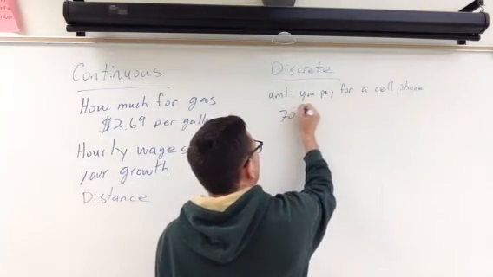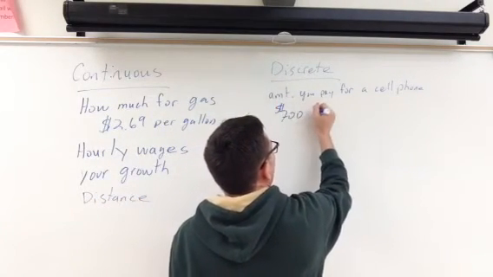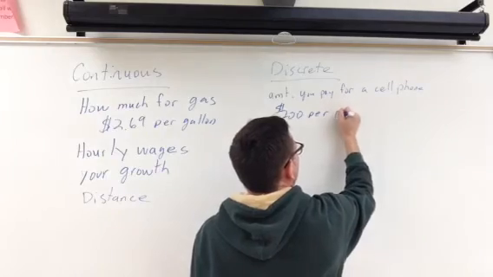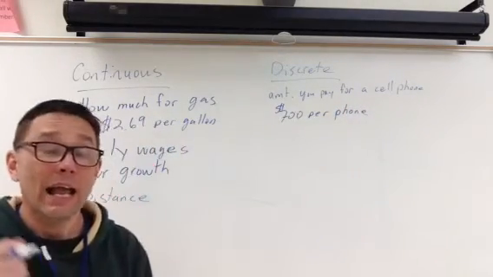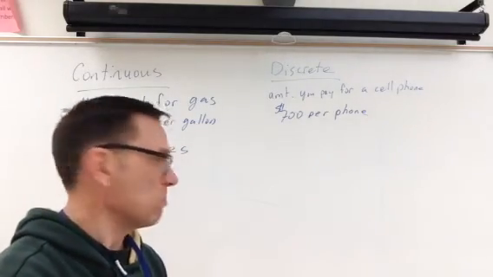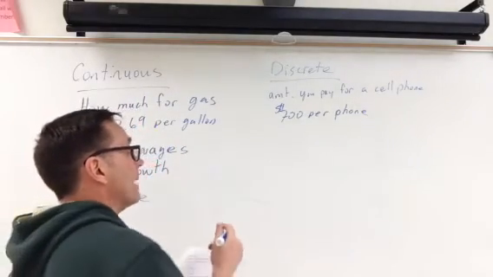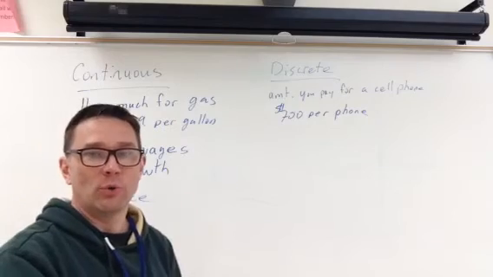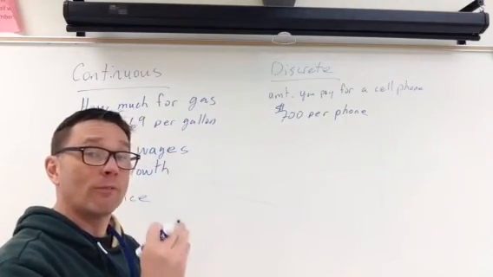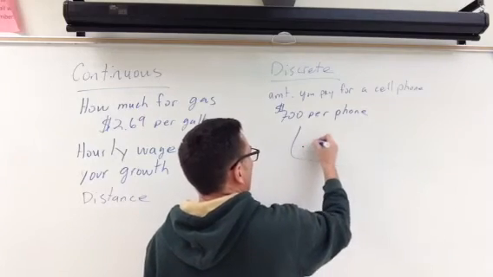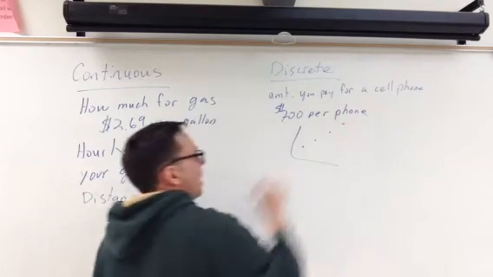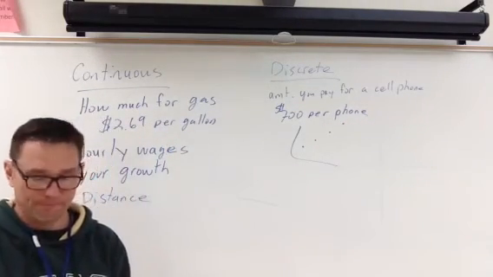Now, what makes this different is, can you buy half of a phone? This is a big thing to decide. Can you buy half of a phone? No. You can buy one phone. You can buy 2 phones. You can buy 3 phones. You can buy 4 phones. So if we were to graph this, 1, 2, 3, 4, there's your discrete function.